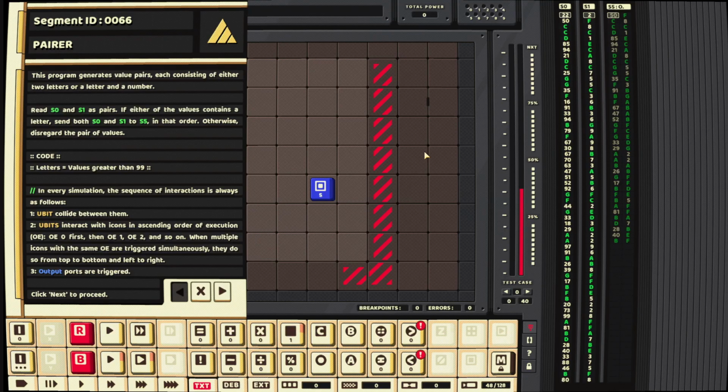Ah, this is explaining to me some confusing behavior I saw. And also some tooltips that I didn't know what to make of, this OE. So order of execution.